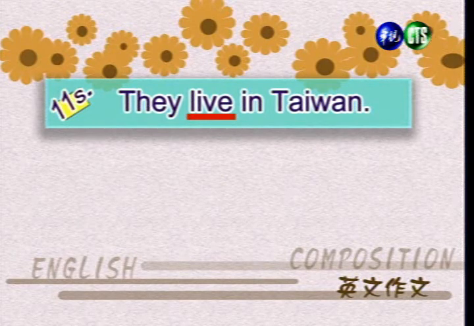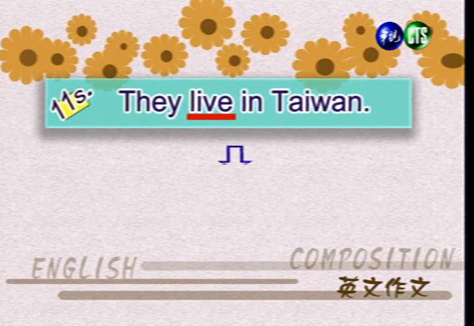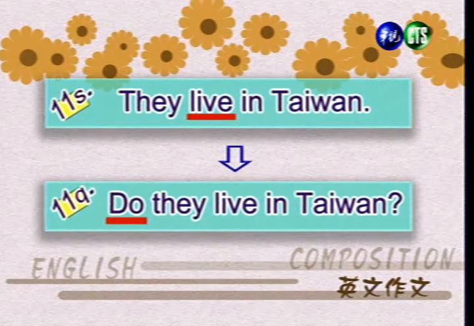Instead, we'll make a question by adding do to the beginning of the sentence. And so this is our question. Do they live in Taiwan?